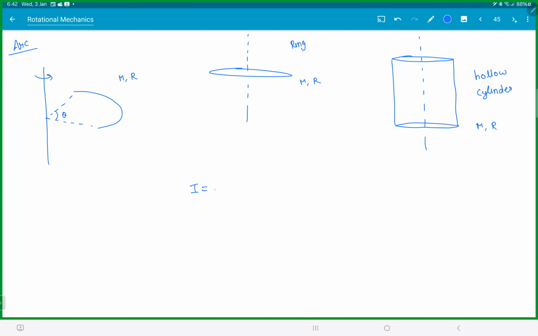For all of them, the moment of inertia is mr square. Isn't it? Reason? The distance is same. R, doesn't matter which one you take. All points are at same distance r. Easy. So arc, ring, hollow cylinder, it is the same thing.